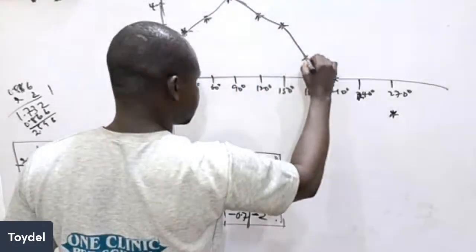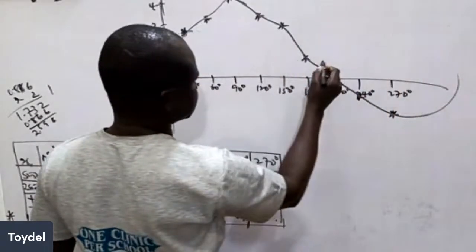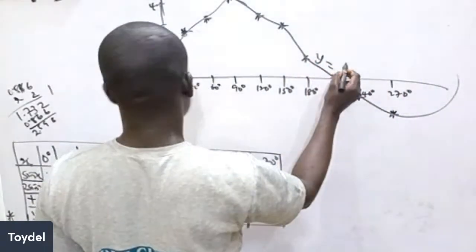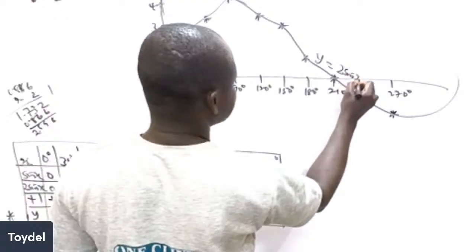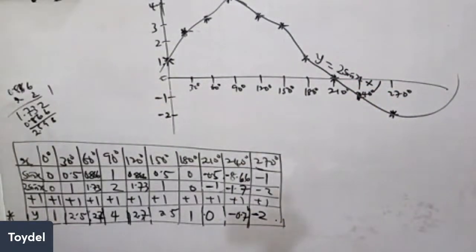So you are going to get something like this. The graph of y equals 2 sine x plus 1 is a curve like that.